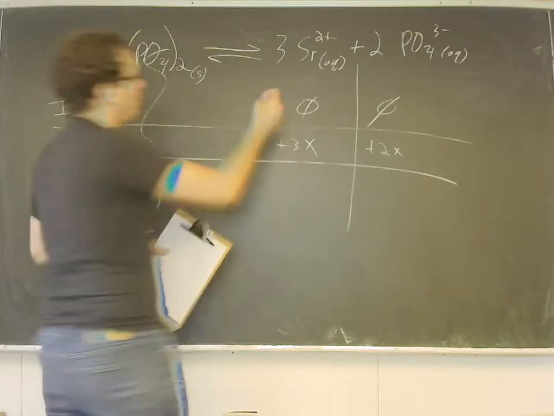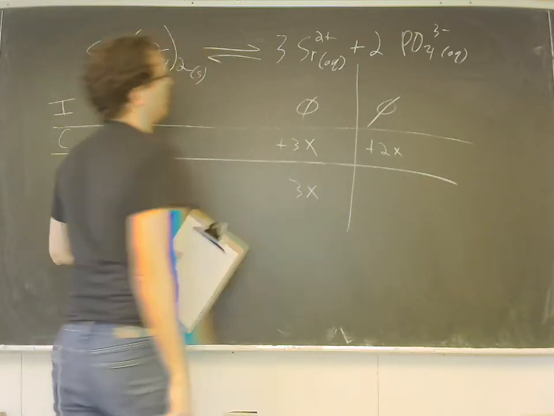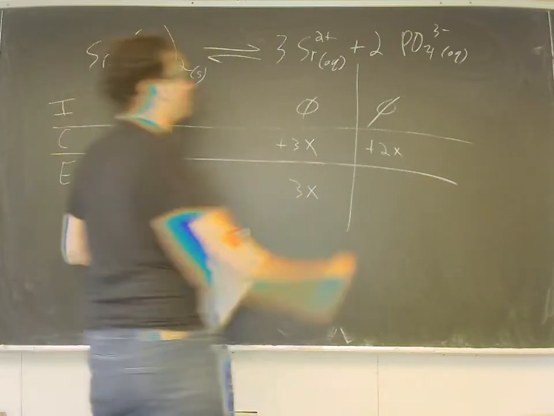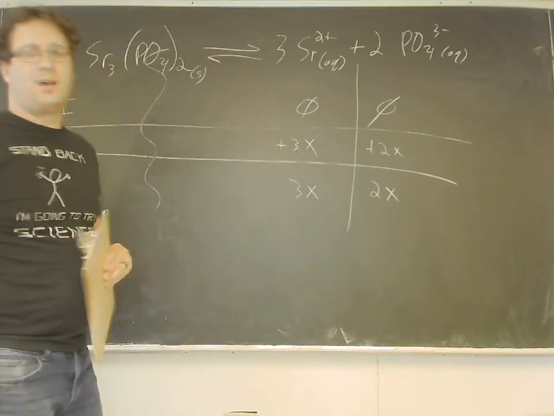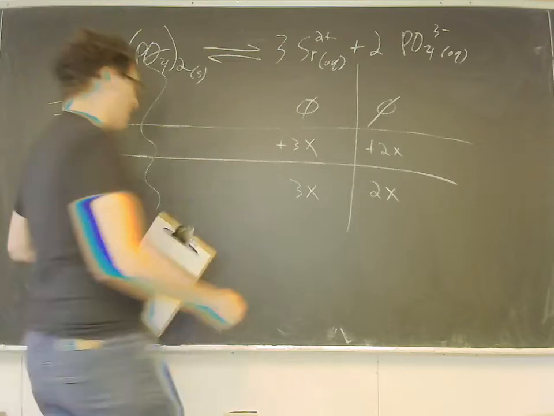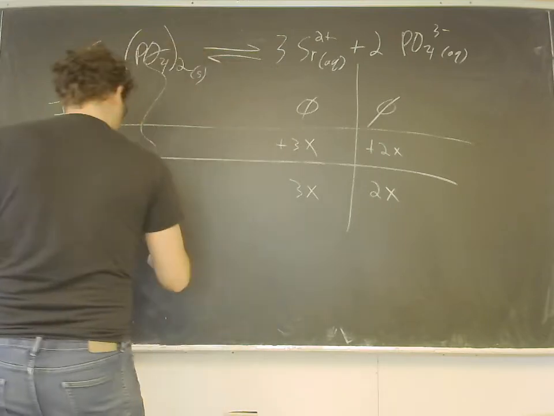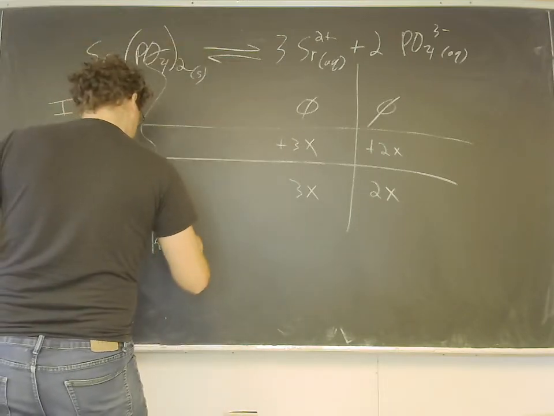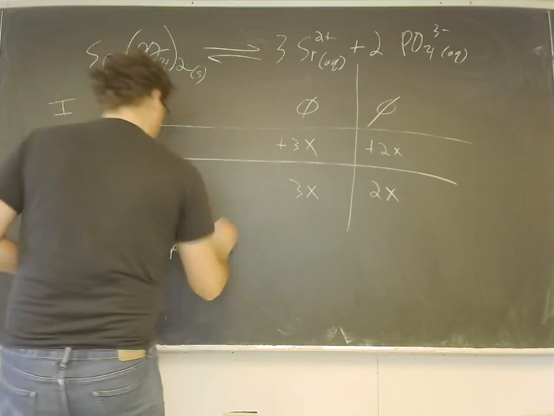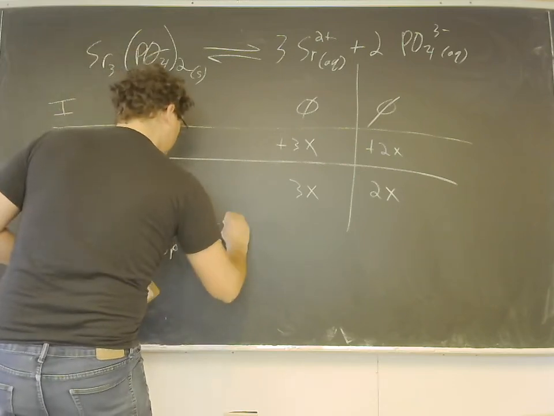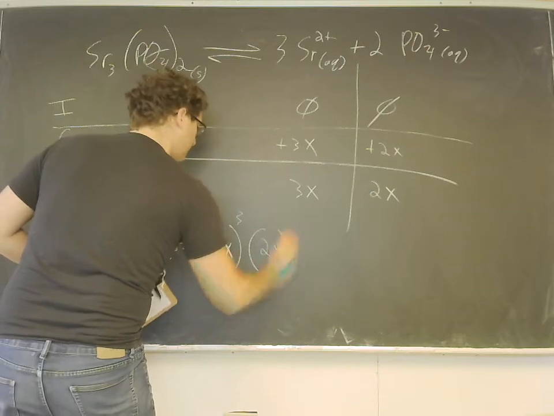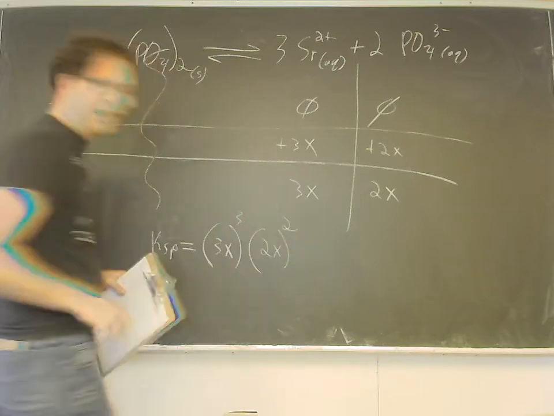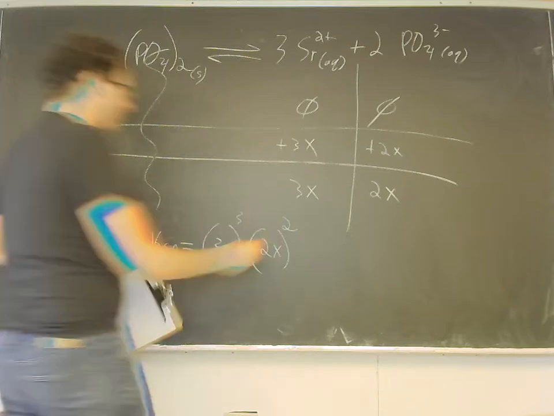And so 3x is the concentration of strontium 2 plus, 2x is the concentration of phosphate. And in the end, the KSP is equal to (3x) cubed times (2x) squared.